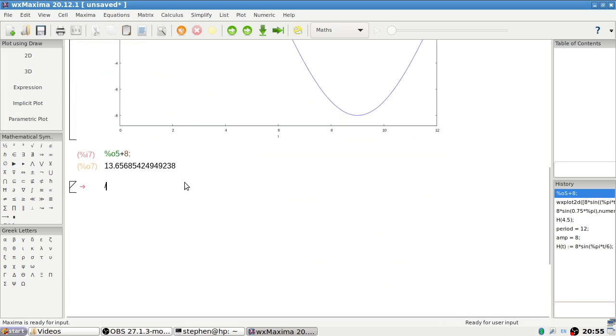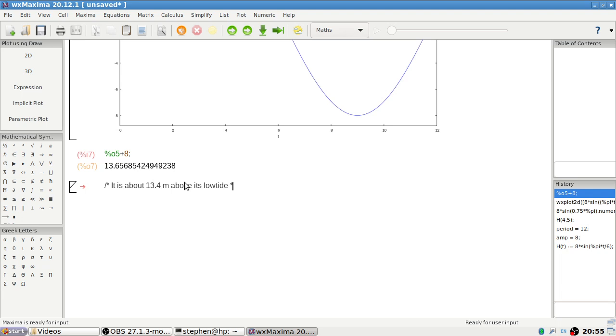So I think I'd rather say it is about 13.4 meters above its low tide. I think to me that makes more sense.